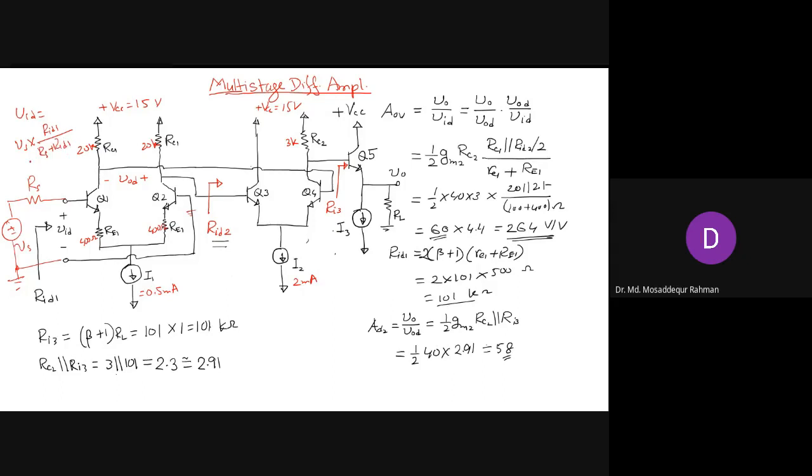That will be our VID, which will be less than VS. And how much less depends on the input resistance. The lower RID is, the lower your VID will be. So the loss will be greater if your input resistance is low.